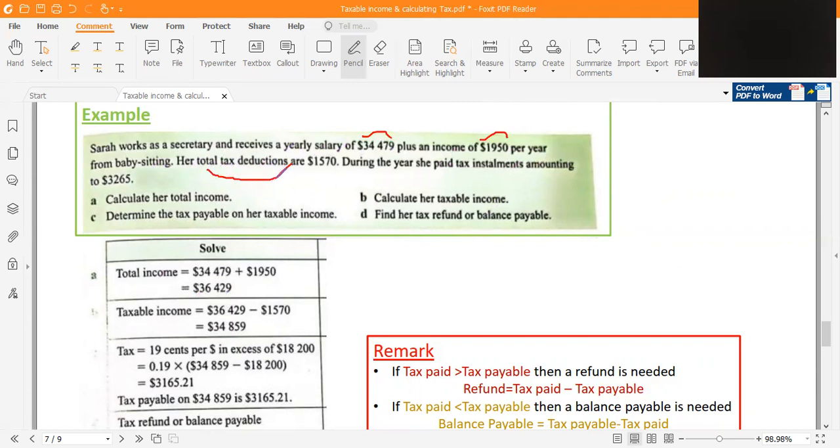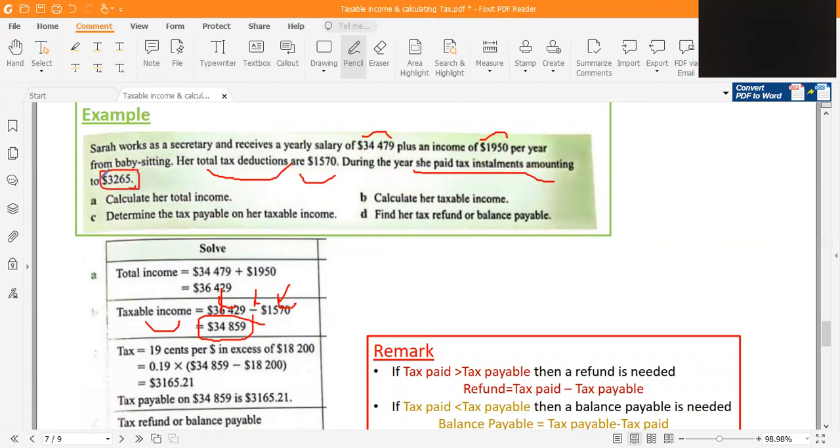We subtract it from the total income to obtain the taxable income, which is the difference between the total income and the tax deductions. We obtain $34,859.